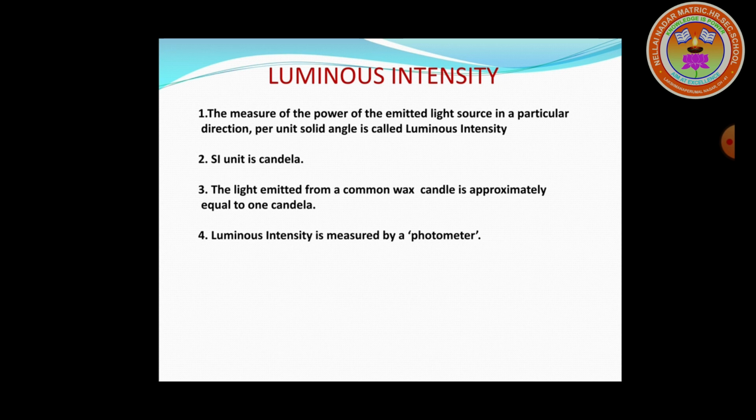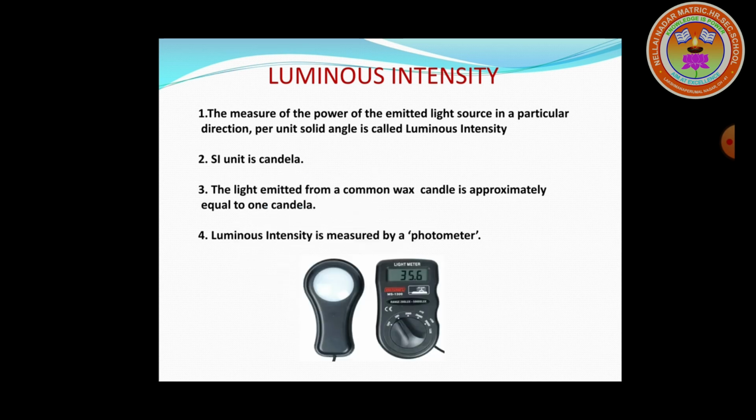For our understanding only I am saying, it is not a correct value, it is approximate: for example, a 40 watts LED bulb gives 100 candela. So in comparison, the intensity value of the 40 watts bulb is 100 times that of the wax candle. So one candela is the light emitted from a common wax candle.